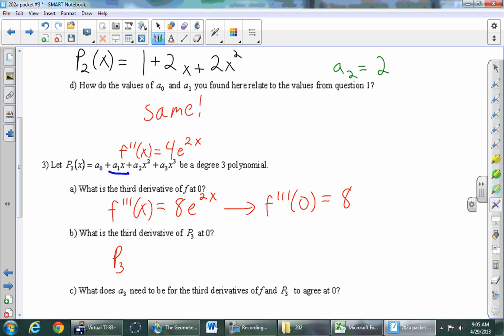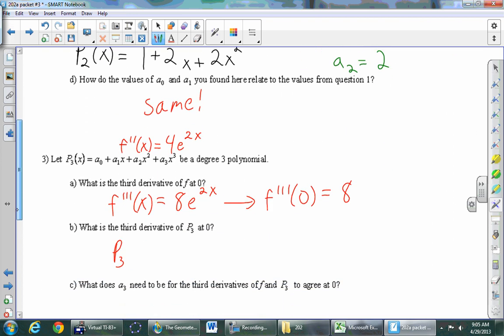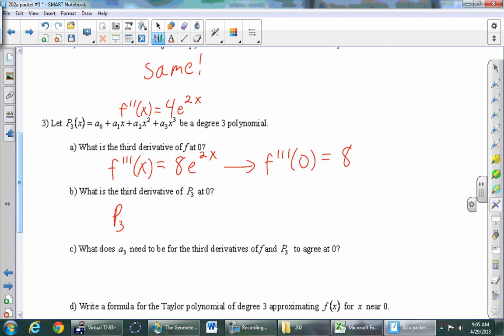I'm going to ignore that too. What would the first derivative of this one have been? 2a sub 2 x. What's the next derivative? 2a sub 2. What's the third derivative? 0. In fact, the 2a sub 2 we calculated right up here. So if I did one more derivative of this guy, it would be 0. So the only part that's going to matter to me is the x cubed part. That's the only one still around when I take 3 derivatives.